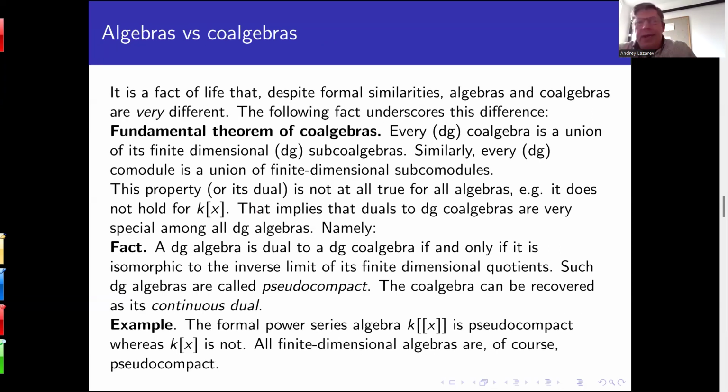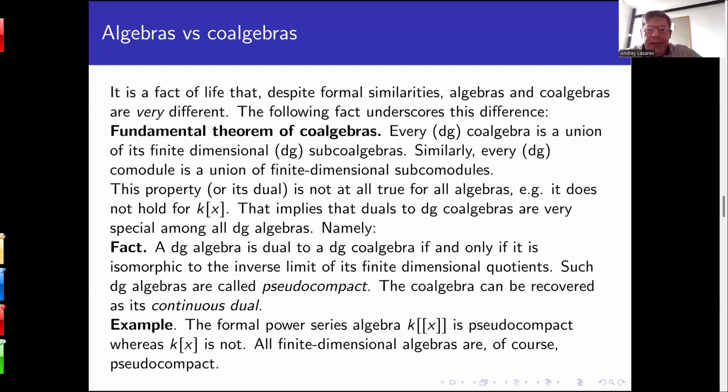Okay, so let me say a few words about associative algebras and associative coalgebras. It's just a fact of life that they are very different, algebras and coalgebras. For example, we have the following fact, which is sometimes called the fundamental theorem of coalgebra. Every coalgebra, maybe differential graded even, is a union of its finite dimensional subcoalgebras.